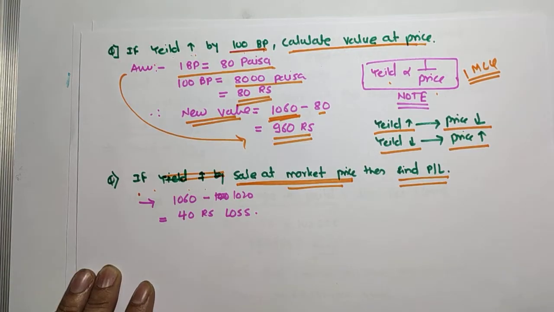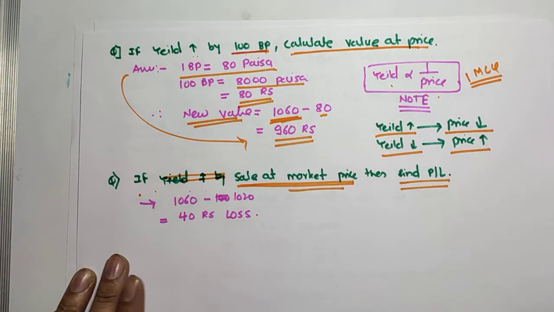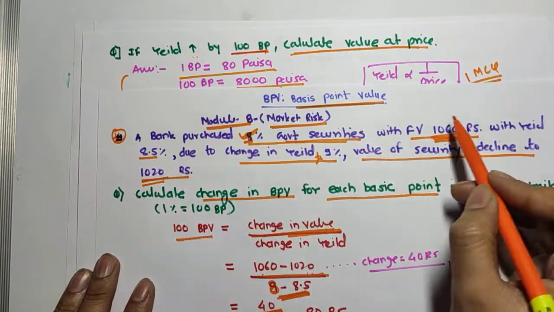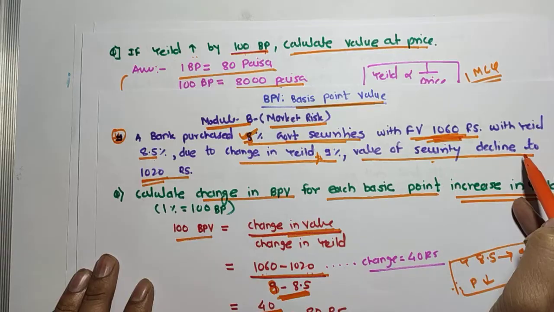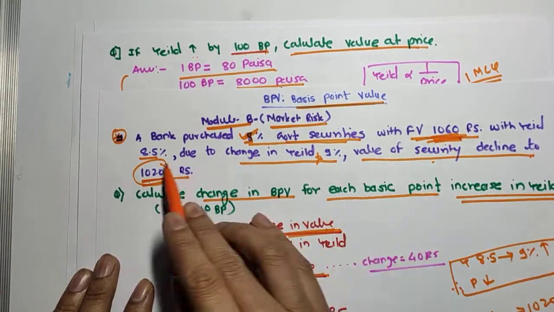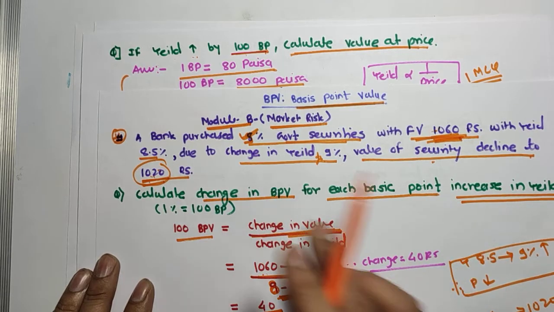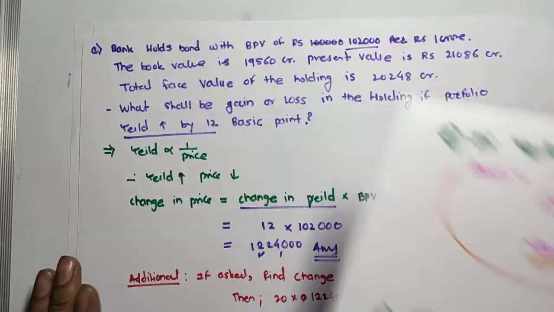Simple friends. Here we have calculated that there will be a 40 rupees loss. In the numerical they are already saying they have face value 1060, and now the price is changed to 1020. You can easily observe there is 40 rupees loss, right? So it is not a big deal here. So 40 rupees loss. Okay, now we will move to the next numerical.